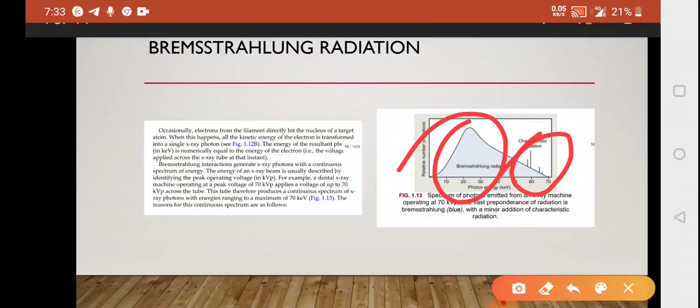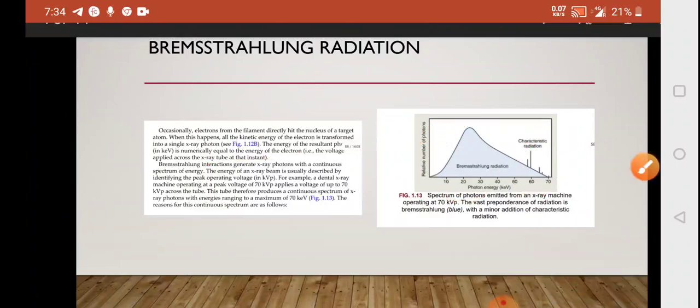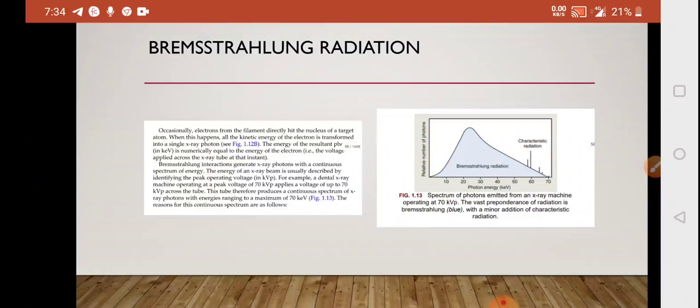Electron from the filament directly hits the nucleus of the target atom, and when this happens, the kinetic energy of the electron is transformed into the X-ray photon. The energy of the resultant photon is numerically equal to the energy of the electron. I have told you already that sometimes the energy of the photon that is released is lesser, and sometimes it is equal.